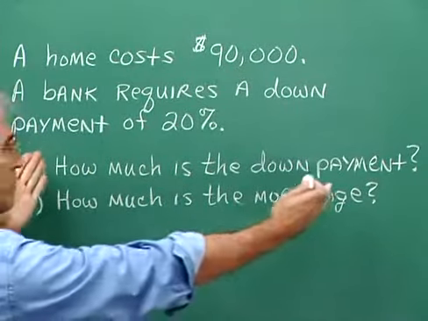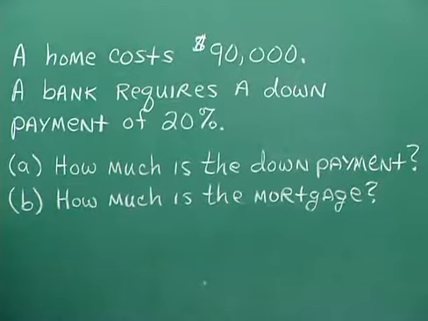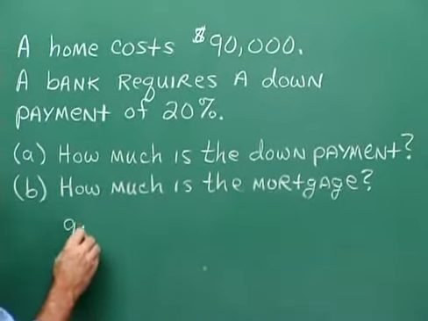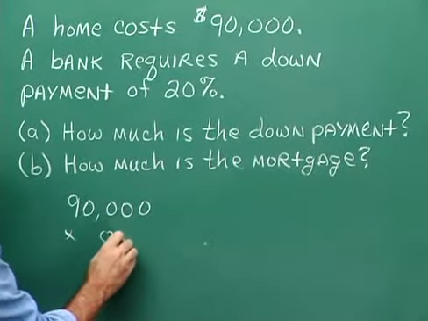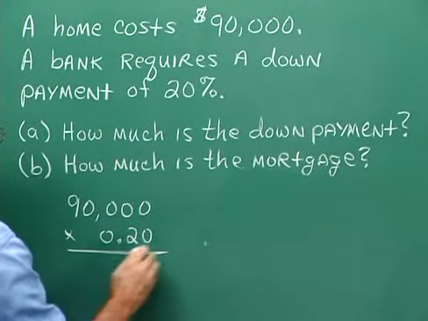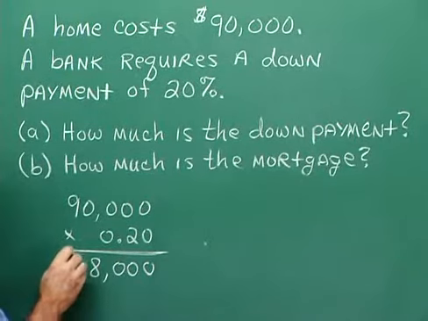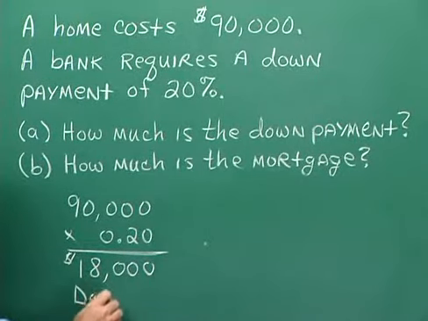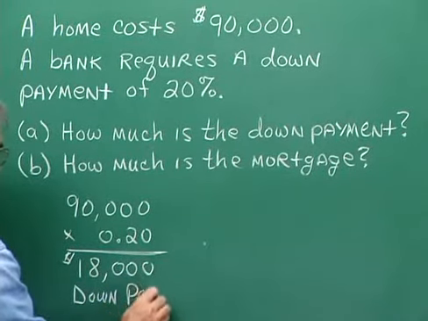So we figured the down payment by taking 20% of the purchase price of $90,000. So it's $90,000 times 20%. That's $18,000. So $18,000 is the amount of the down payment.